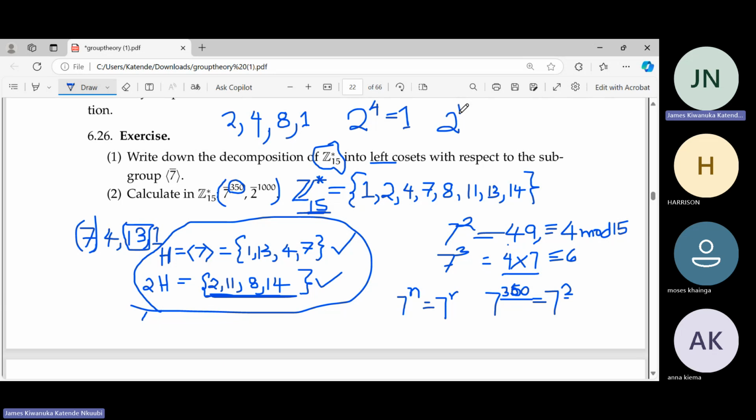So 2 raised to 1,000 will be the same as 2 raised to the remainder when 1,000 is divided by 4. So when 1,000 is divided by 4, what is the remainder? The remainder is none, zero.